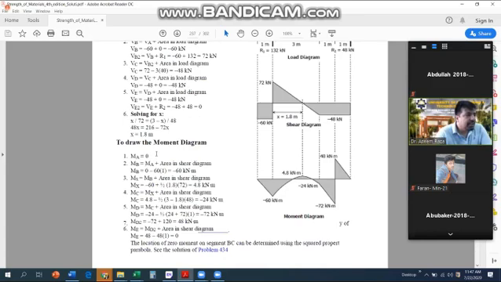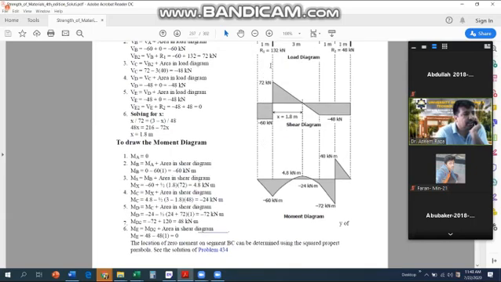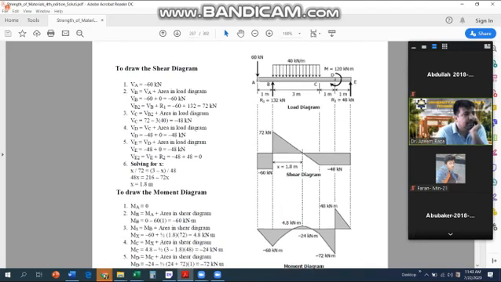So looking at the moments, we have the moment at A, that is 0. Then B would be 0 plus the area of this shape, that's minus 60 multiplied by this distance. Between A and B, the distance is 1, so this area will be minus 60.